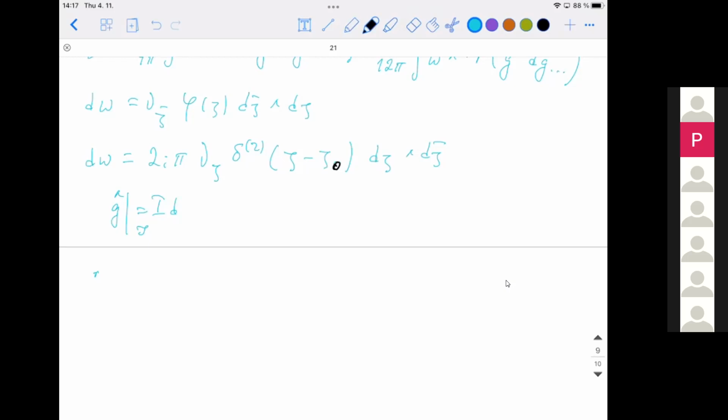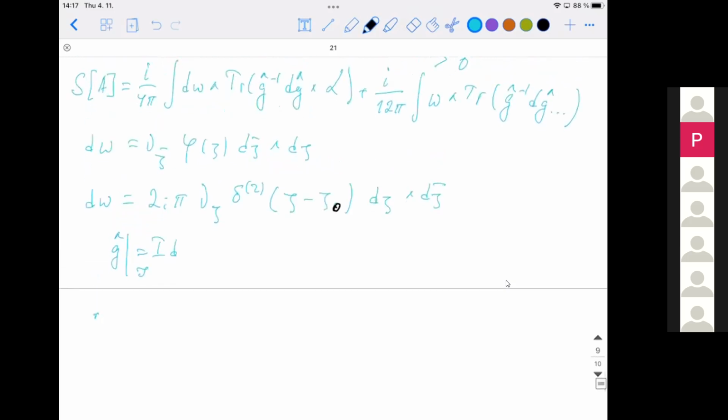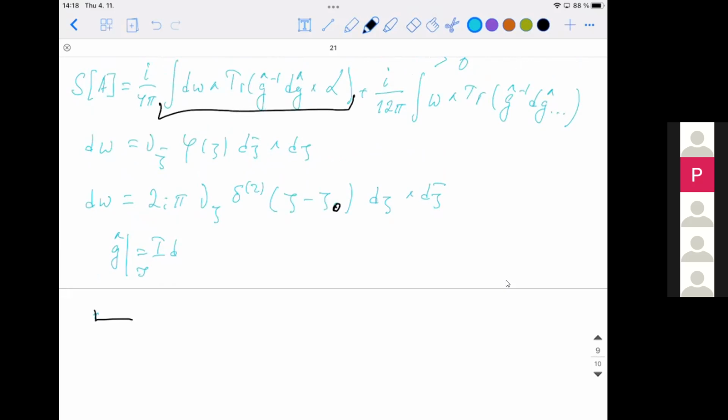Now the first part, this defect part, will be written as just this part, so this is the trace and this L at 0.